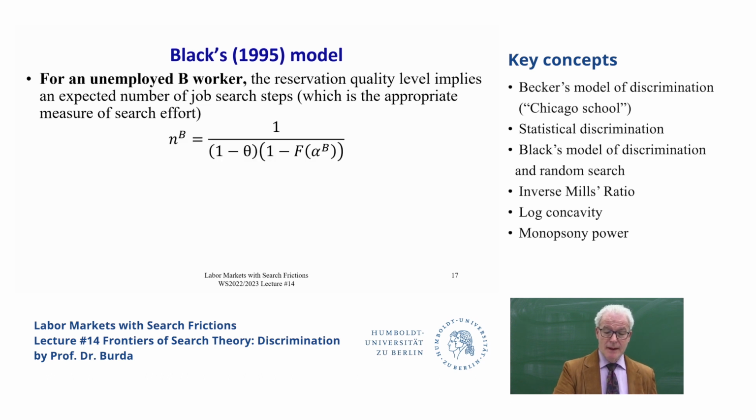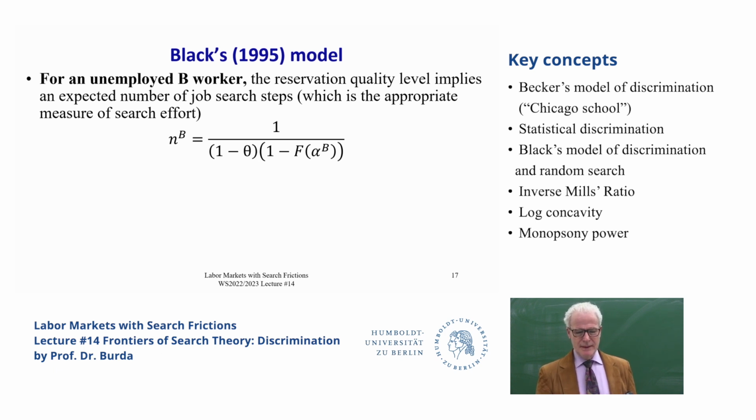Okay, so you can also back out the number of search steps in expectation, because you can't make a fractional search step, but you can think of it as, if you're unemployed, the average number of times you pay kappa to get an offer in the market. And it's going to be related to both theta and the distribution for these reservation wages. Looks very familiar to us from the original search models.